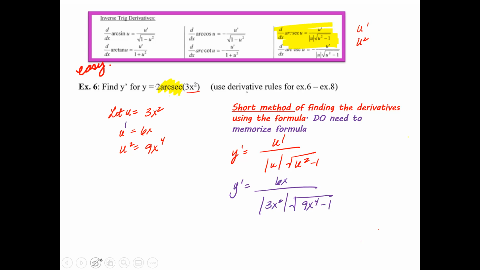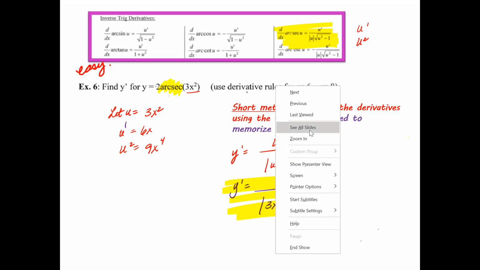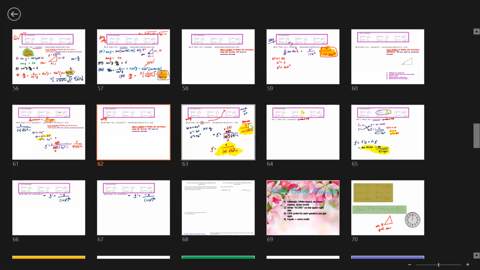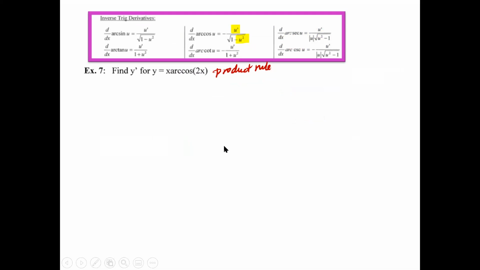And that's it. That looks a whole heck of a lot easier than what we just went through, if we were to do this with a more difficult method. All right, you guys, so that is basically it. I would like you guys to go ahead and try example number 7.